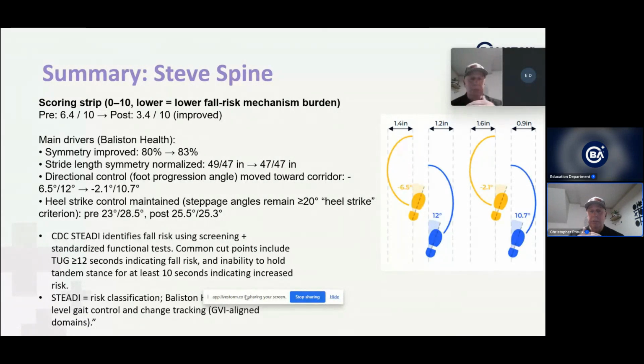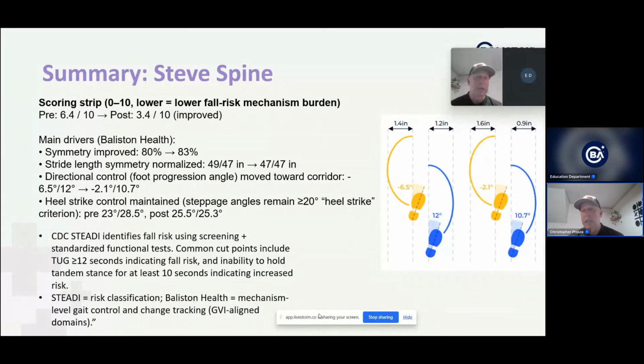So there's still a risk stratification system utilizing Steady, or I'm sure y'all have some of your own as well. But this gives me some really good insight in looking at the gait level of control. And it also matches up with something that's also technical, which is the gait variability index.